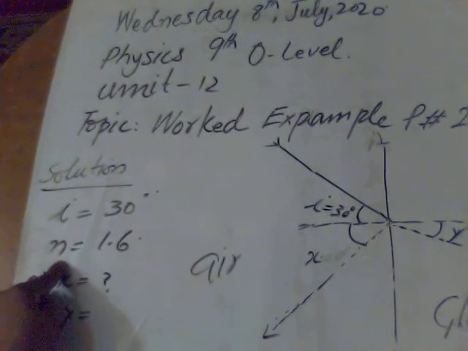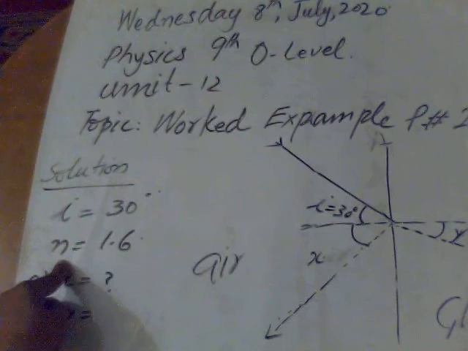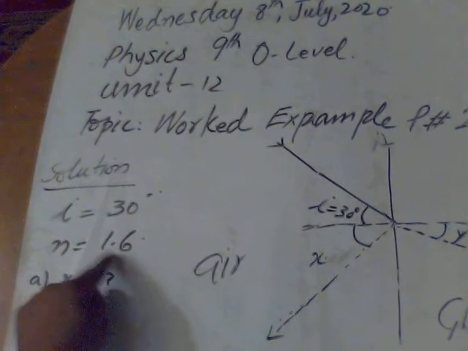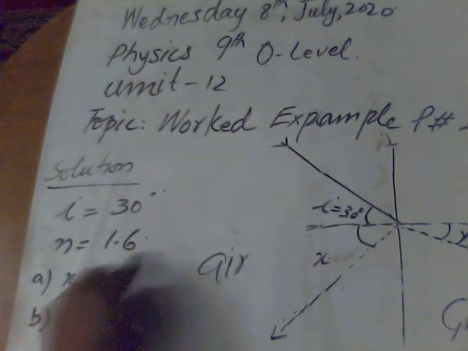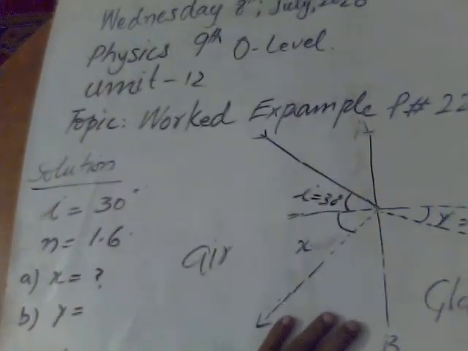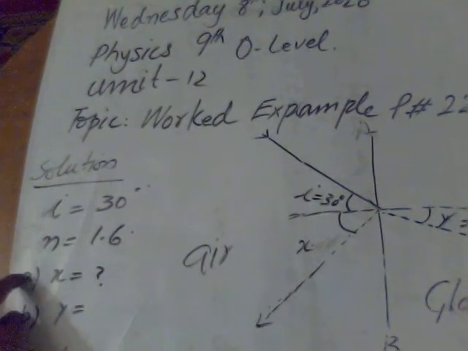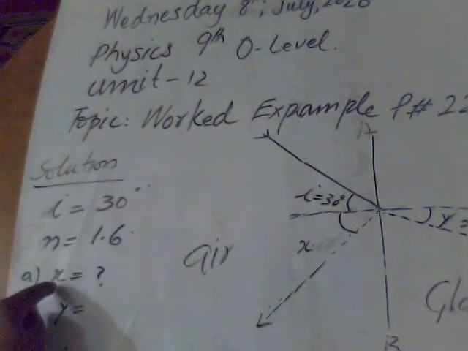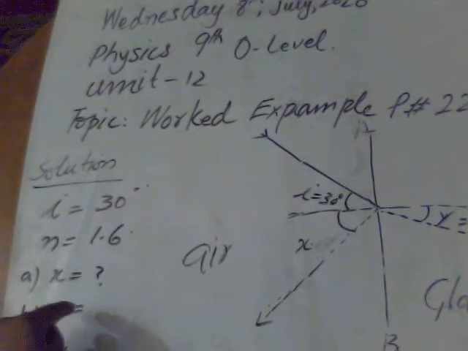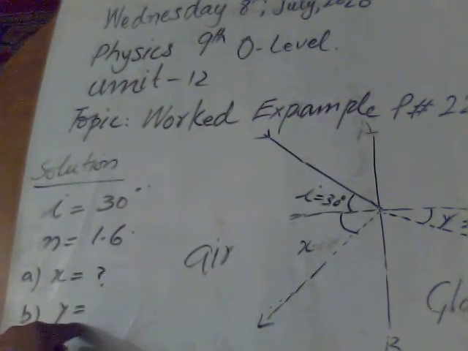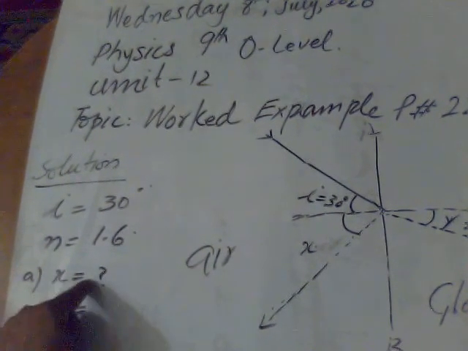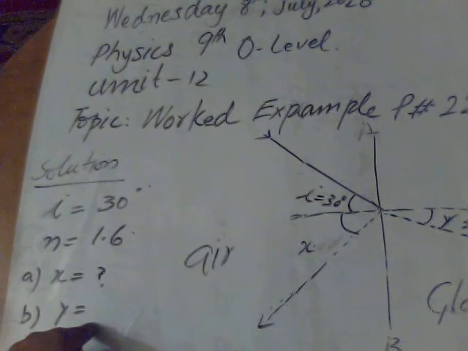In the book we studied that the refractive index is 1.52, but here in the example it is mentioned as 1.6. So two things we have to find: x and y, the angle of reflection and the angle of refraction.